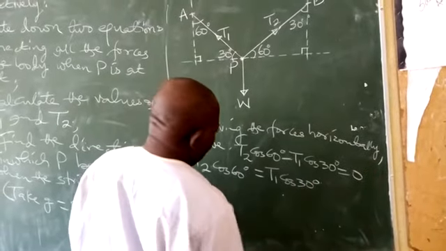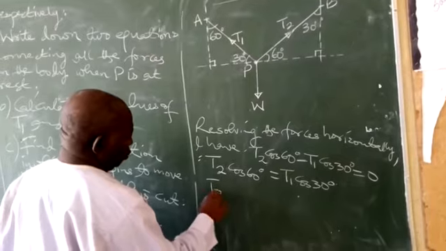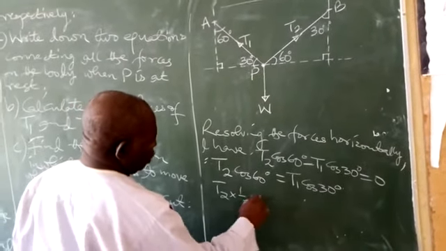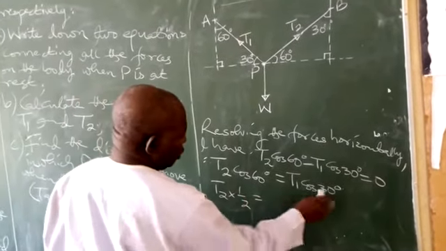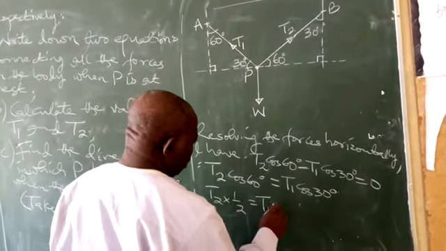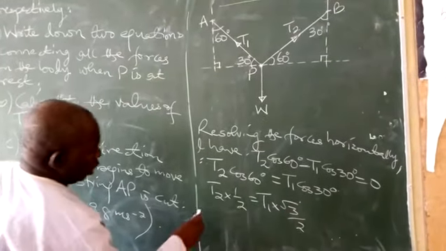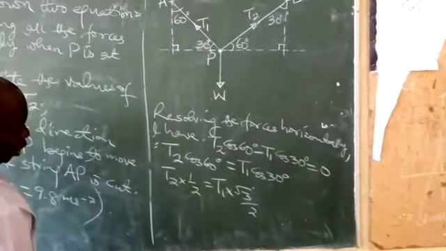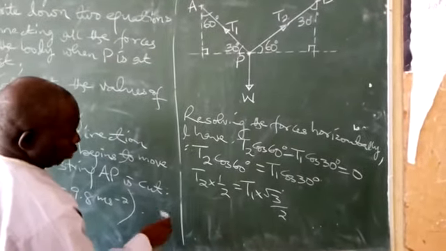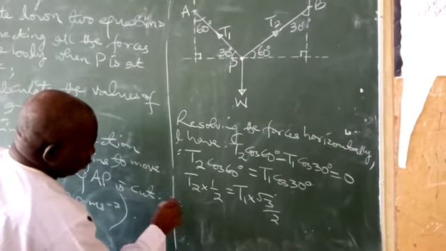But cos 60 degrees is half. So T2 times half is equal to, cos 30 is root 3 over 2, T1 times root 3 over 2. Therefore, now I can clear the fraction by multiplying by 2.